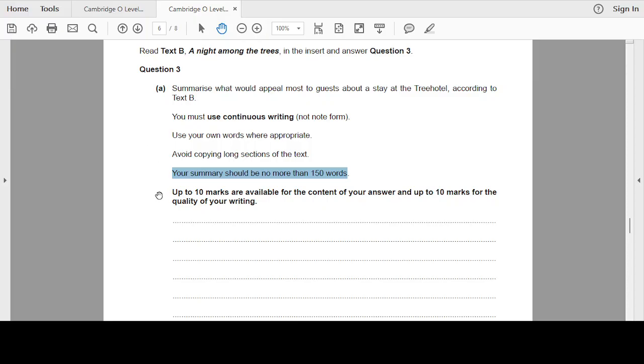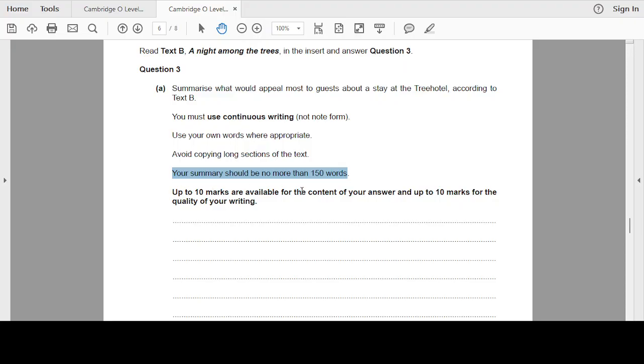So even if it's an article, the or the pronoun I, it's a word, it counts. So choose your words wisely. And right after 150, they put a mark. It doesn't matter how much you've written. They won't check. It won't count towards your answer. So only up till 150.